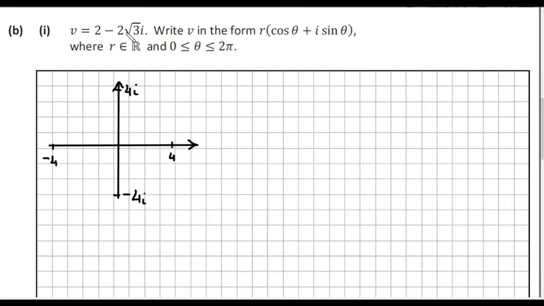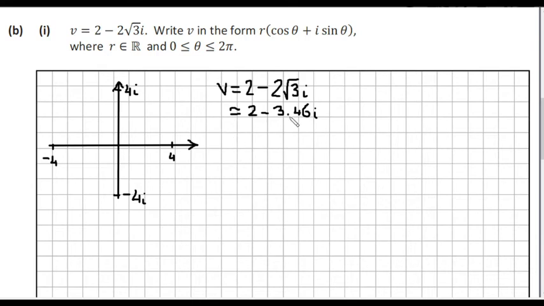So 2 minus 2 root 3, we need to know roughly how big 2 root 3 is. If you put it into a calculator, it's an irrational number, but rounded to 2 decimal places, that's approximately 2 minus 3.46i.